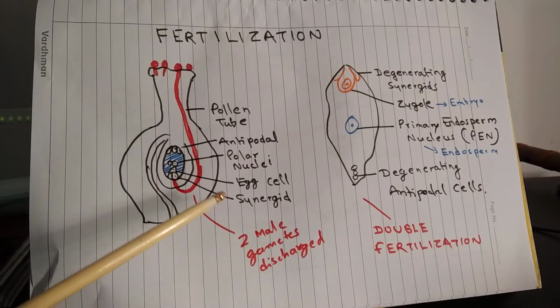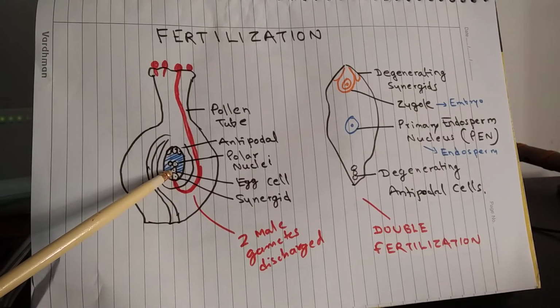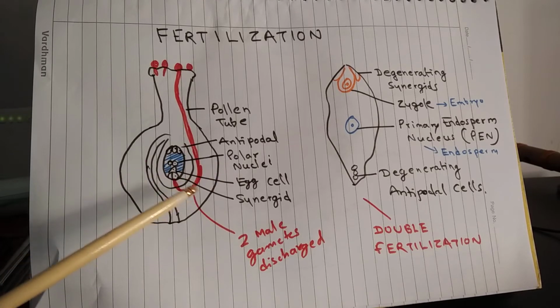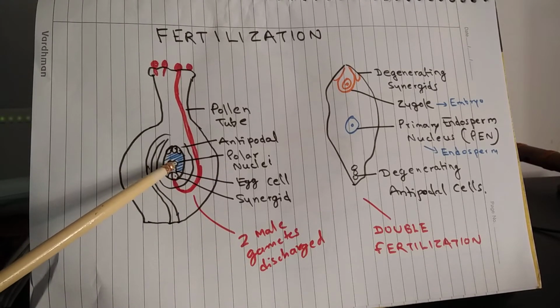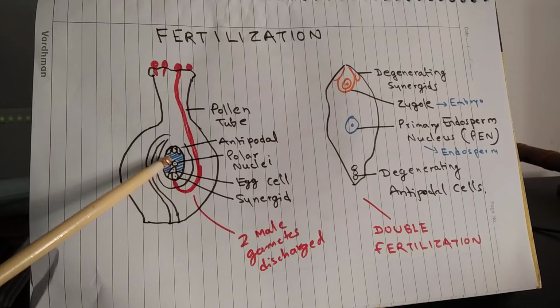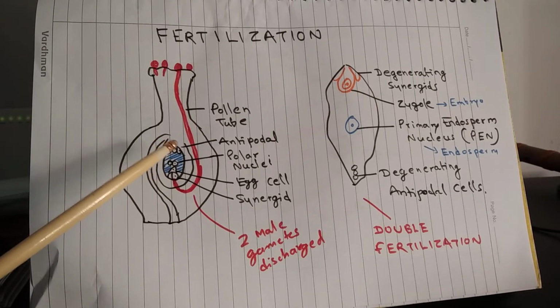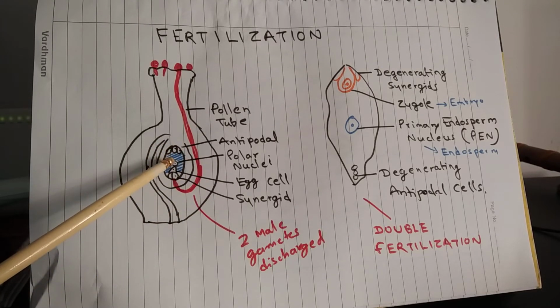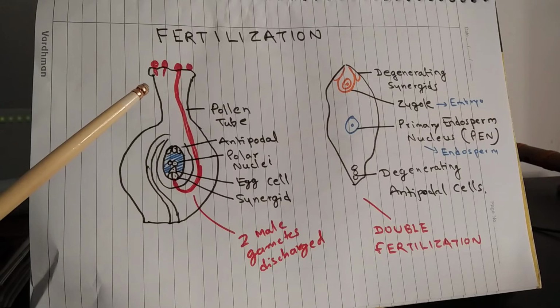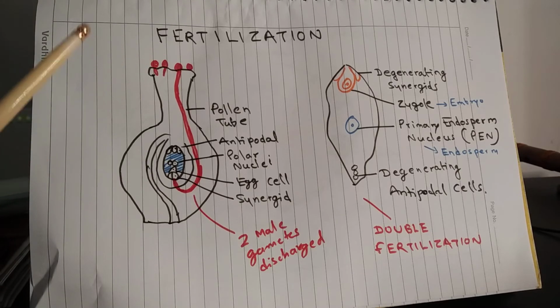One of them fuses with the egg cell to make the zygote, and another nucleus fuses with the polar nuclei, which have now become the secondary nucleus. After the fusion with the polar nuclei, the structure which is formed is called the primary endosperm nucleus.